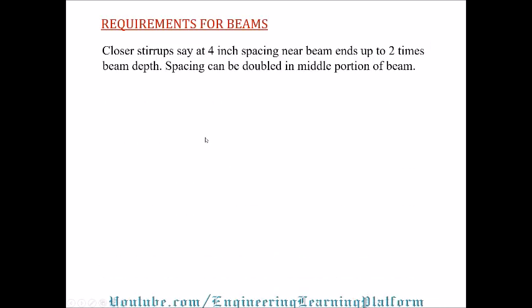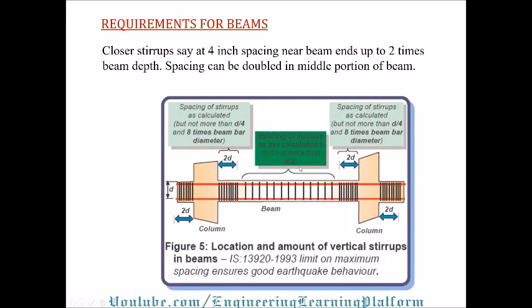Requirements for the beams. Provide closer stirrups, say at 4-inch spacing, near the beam ends up to 2 times the beam depth. Spacing can be doubled in the middle portion of the beam according to the ACI code. Spacing of stirrups is calculated as d/4, but not more than 8 times the beam bar diameter.